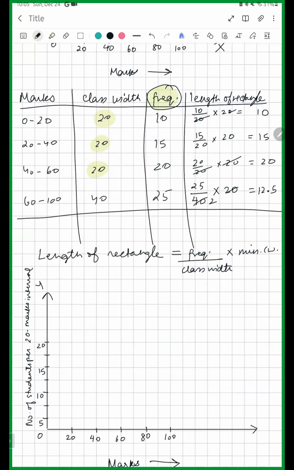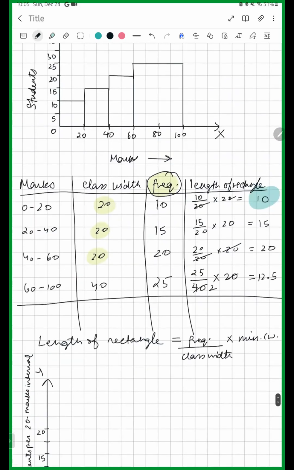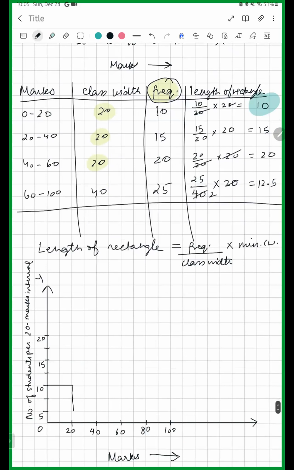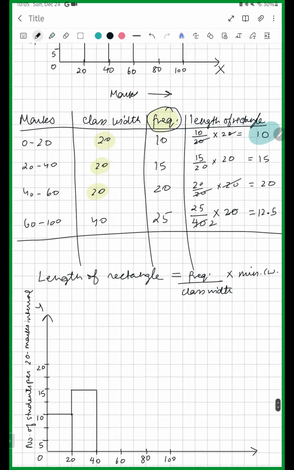Now, from 0 to 20, we have to mark it at 10. The same thing as before. The only difference is going to come in the last rectangle. 20 to 40, 15. Then 40 to 60, 20.